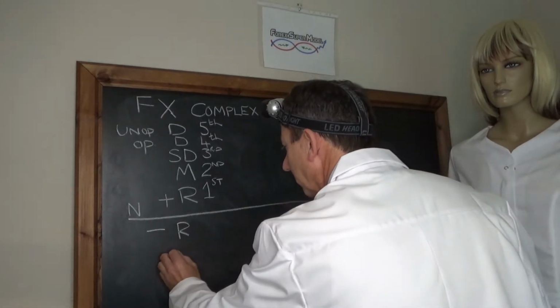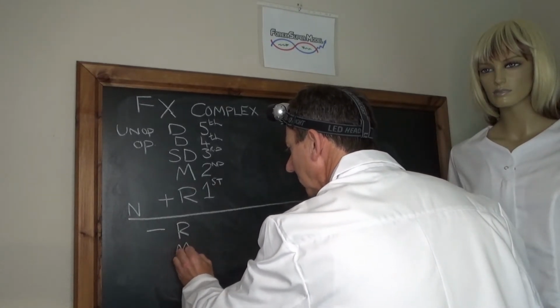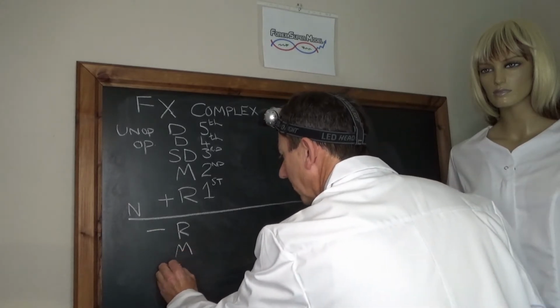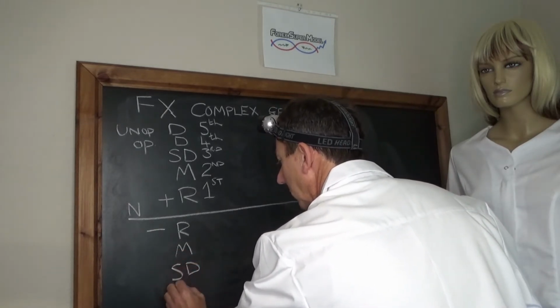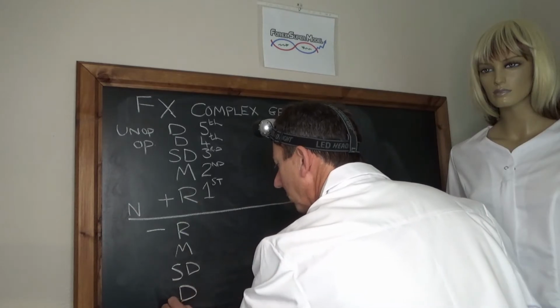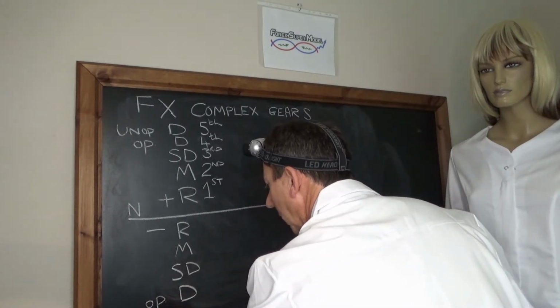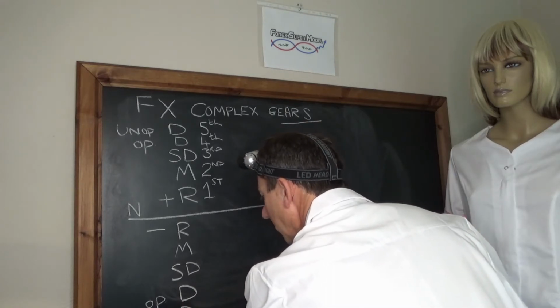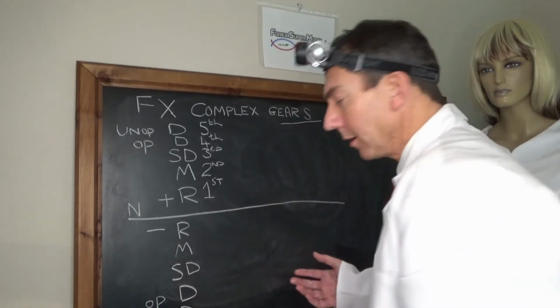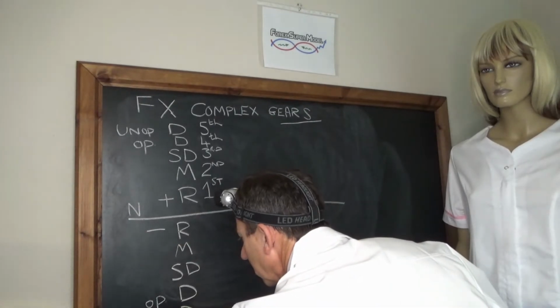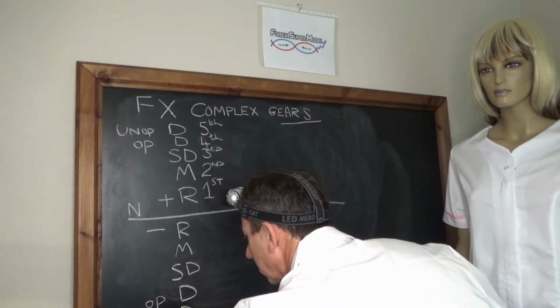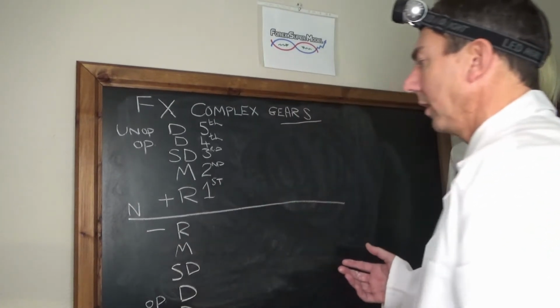We've got the negative mover, we've got the negative secondary driver, we've got the negative driver which is opposed, and finally, we're really shifting in reverse now, we've got the unopposed negative driver.